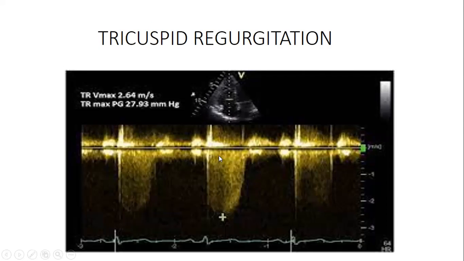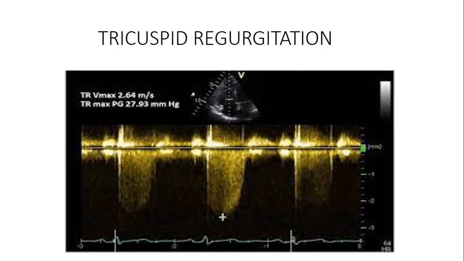So you put your cursor just there, and then the machine will do everything. You can see I'm having a pressure gradient of 27.9 with a maximum velocity of 2.6 meters per second.